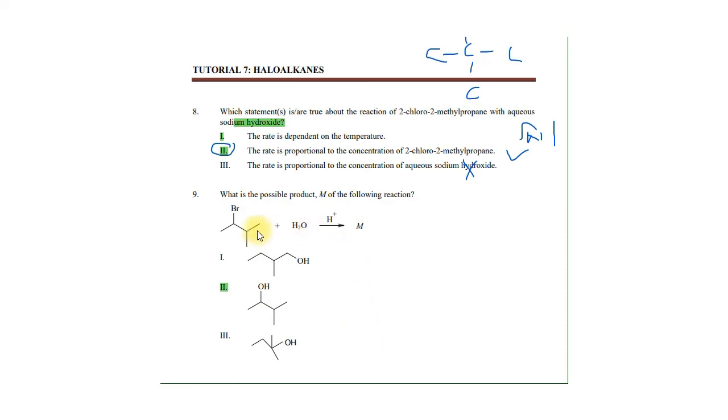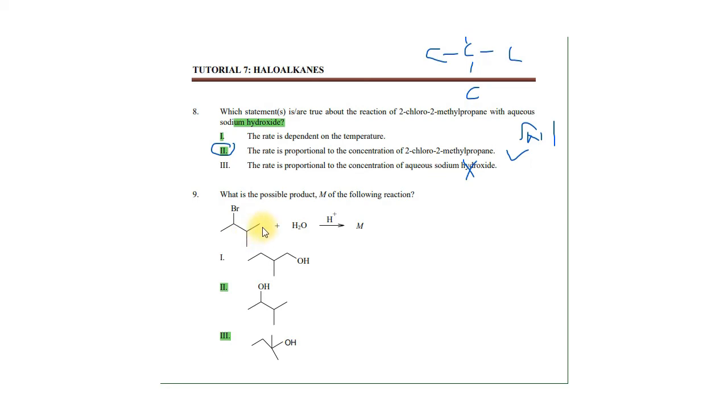If we check here, this one is a secondary haloalkane, and it can undergo rearrangement. Once it undergoes rearrangement, it will form the tertiary carbocation. From the tertiary carbocation, the alcohol might attach to this position, then the alcohol will substitute over here.